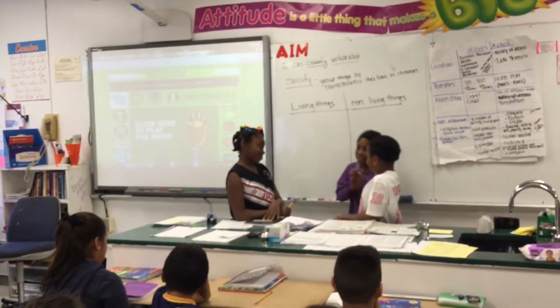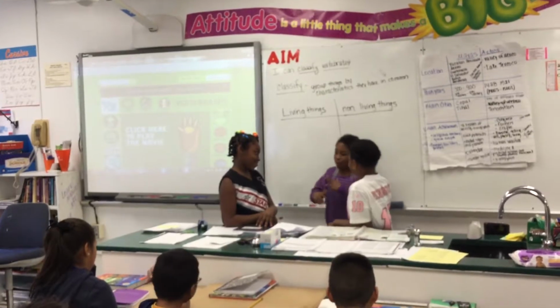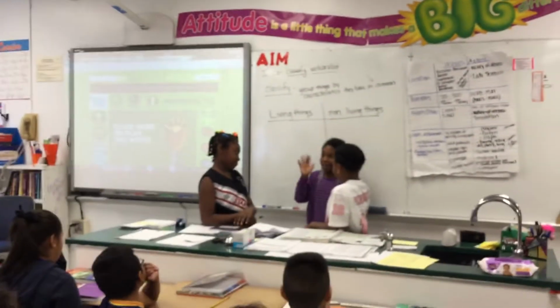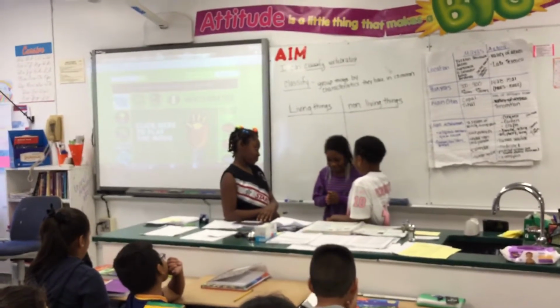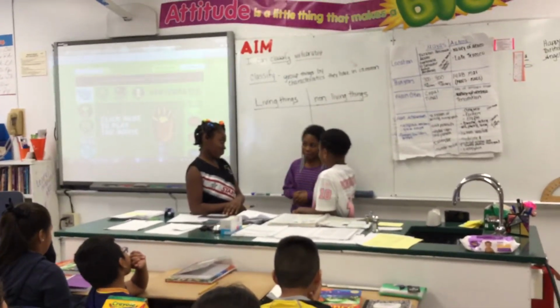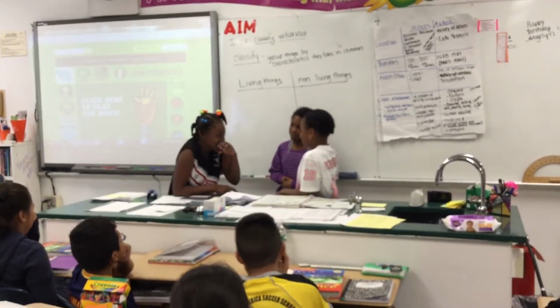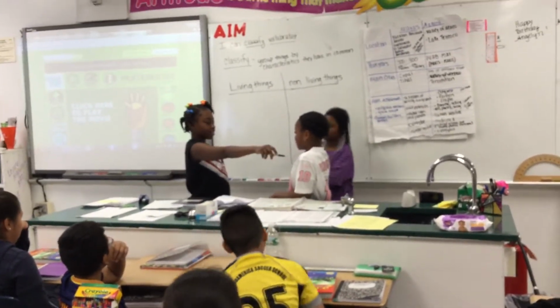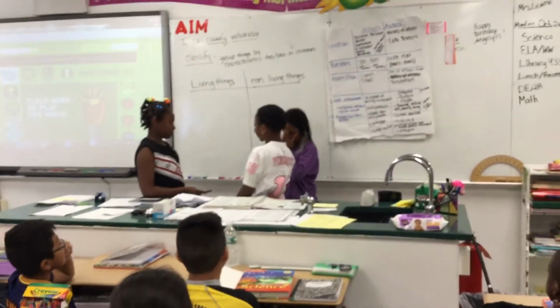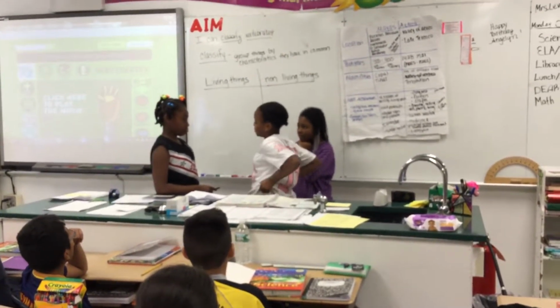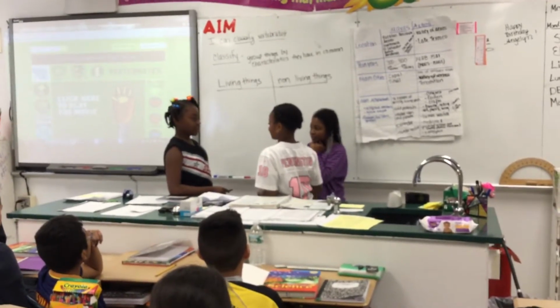For example, a plant can make its own food, and you can put in water and it takes in that water and grows more. But the tricky thing is, humans cannot make their own food. No, they cannot make their own food. How about the sink? You can get water. But the sink is an object. It can't move by itself. And it's a sink. Am I a living thing?